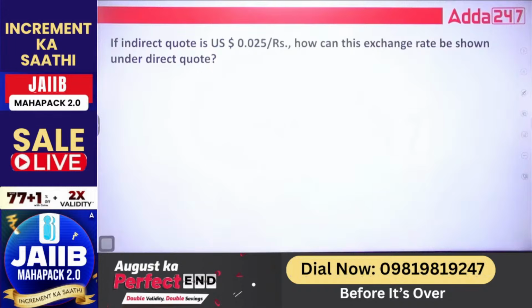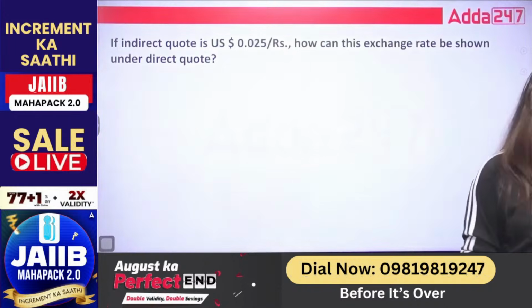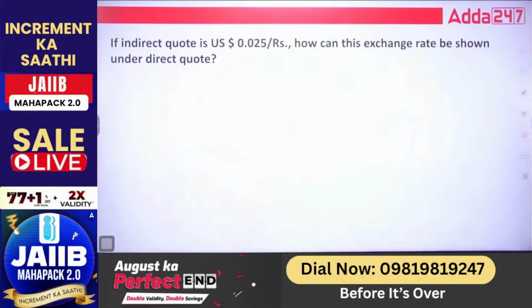Everyone please try once. Let's see how many of you can solve this. So if indirect quote is $0.025 per rupee, how can this exchange rate be shown under direct quote? So here we need to calculate.